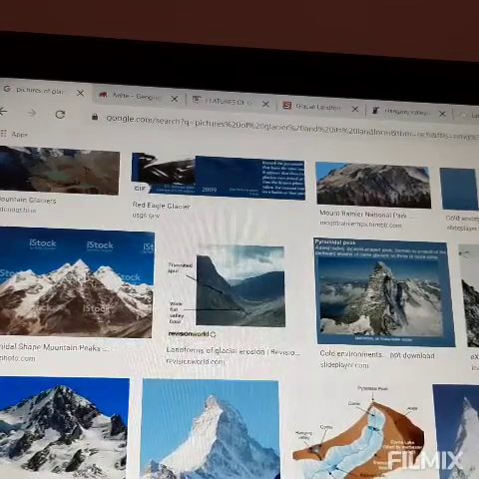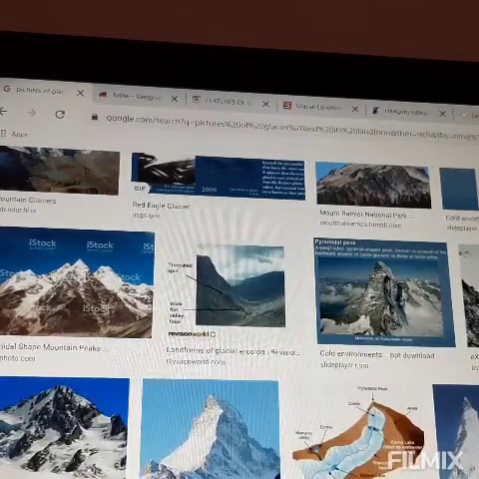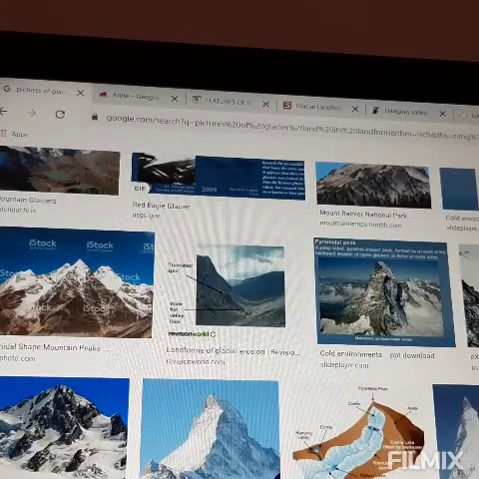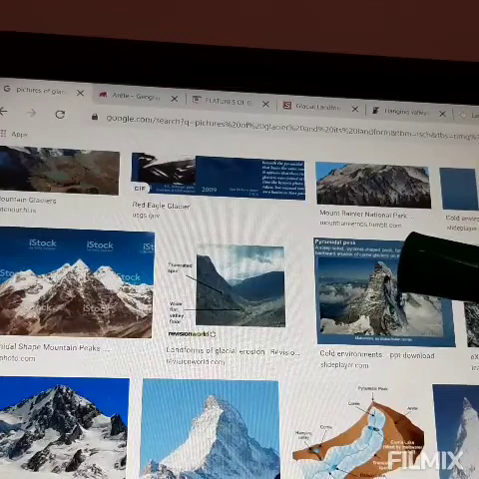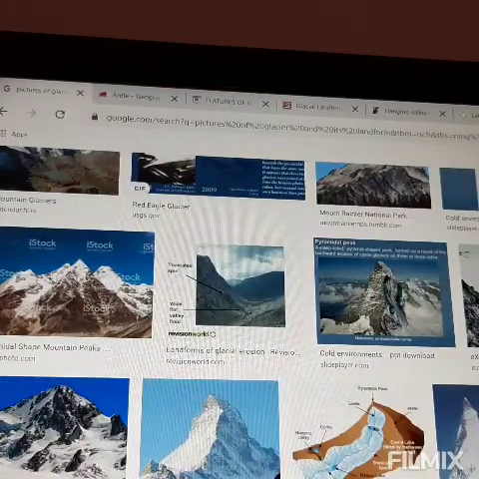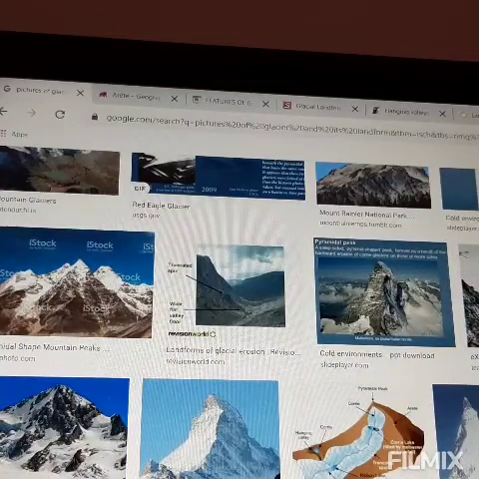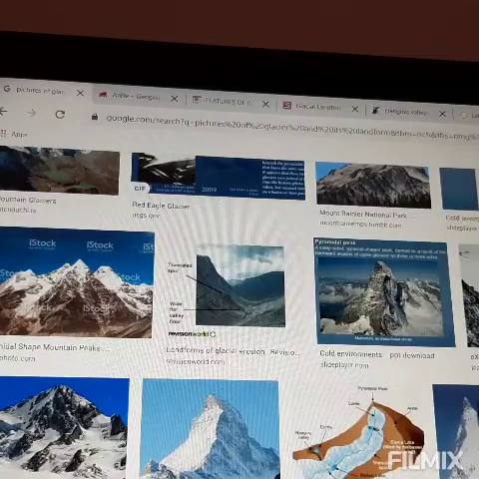Here we can find what we learnt, the landforms. The pyramidal peak you can find here. These are all glacial erosion.